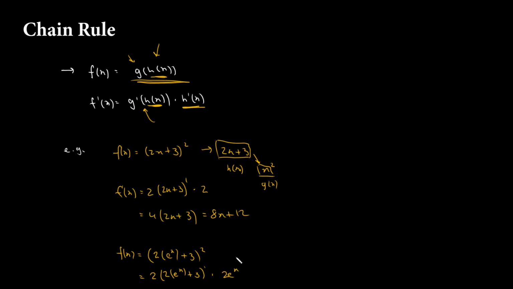You haven't learned this yet. I will go through this in a bit. And then you would come back again to the innermost function and derive that. And that would give you 2 times (e^x + 3) times 2e^x, and then you can simplify this from here.